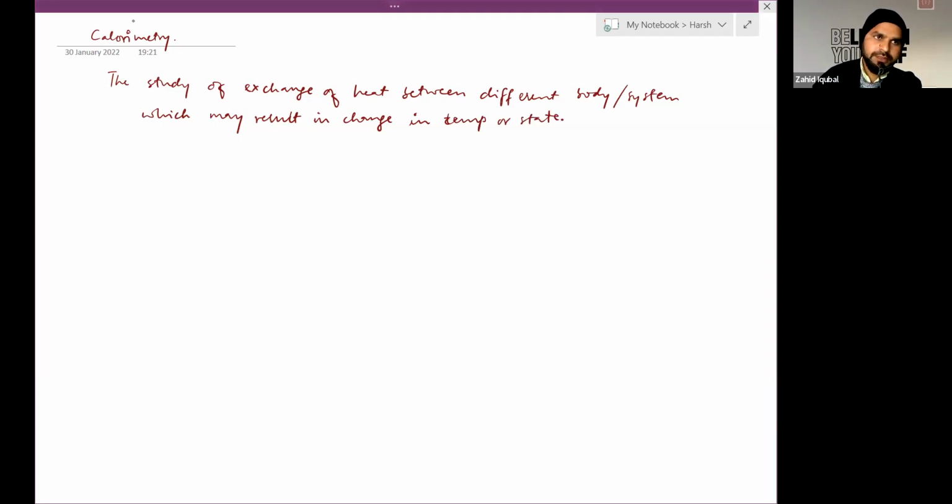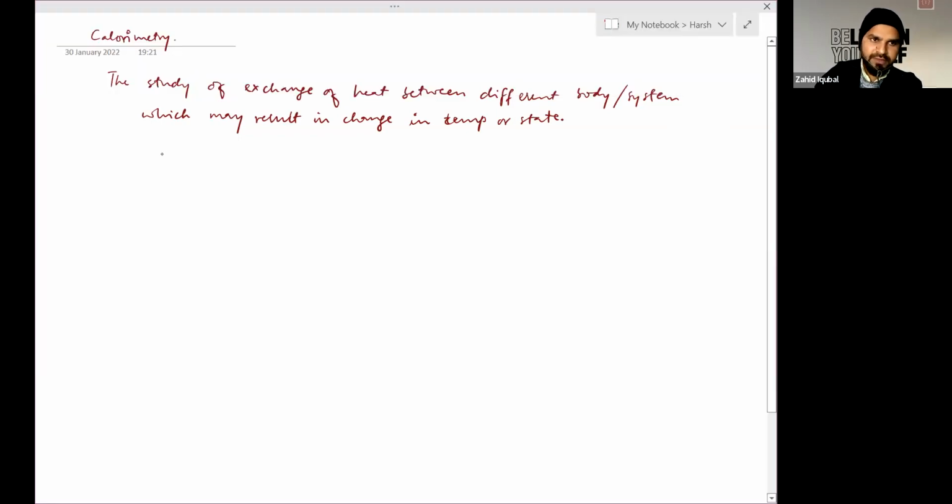So depending upon conservation of energy, we may define the principle of calorimetry. It is based on conservation of energy.